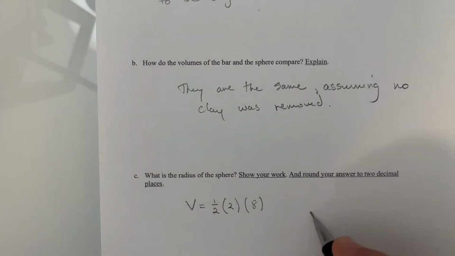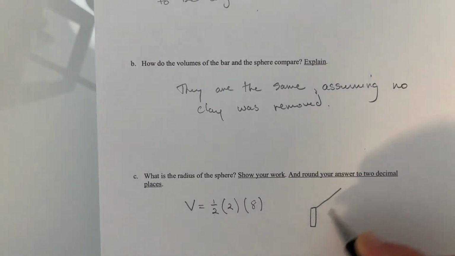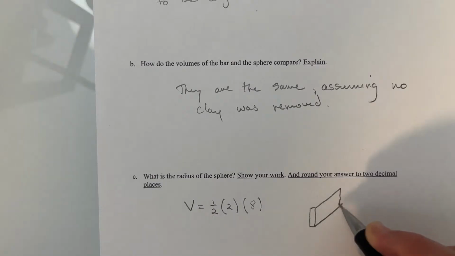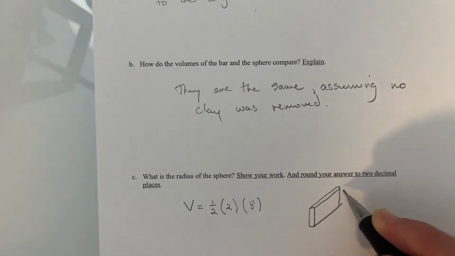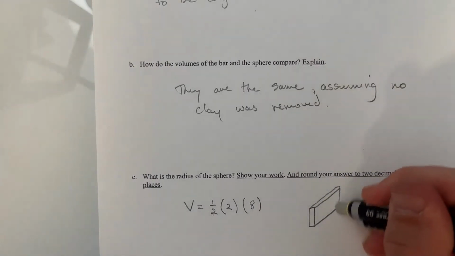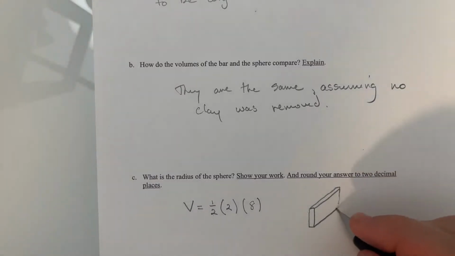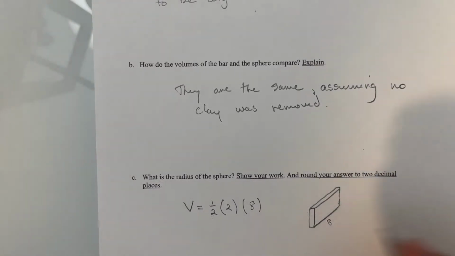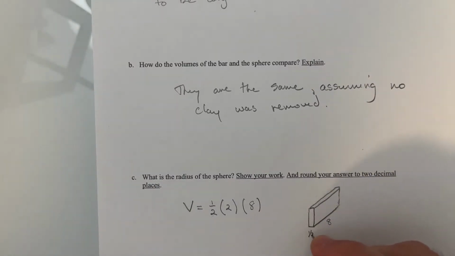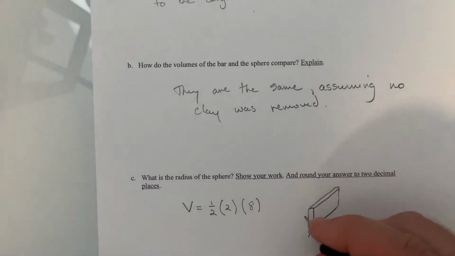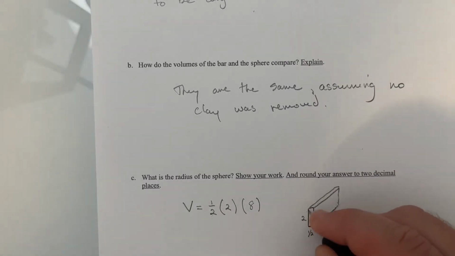So one of the, basically like this type of situation where you have 8, this is the half along this side, and this is the 2 along this side.